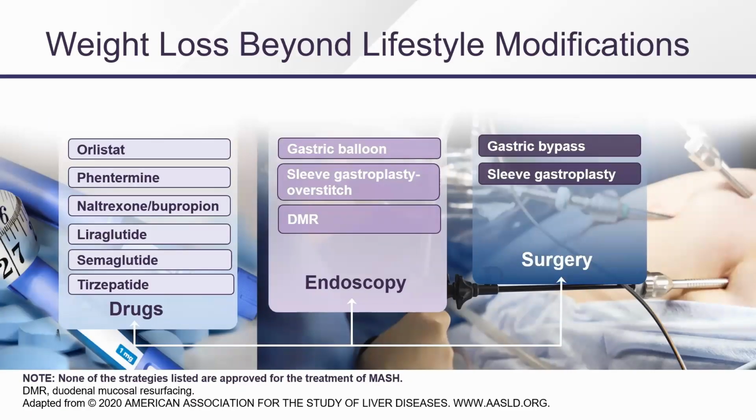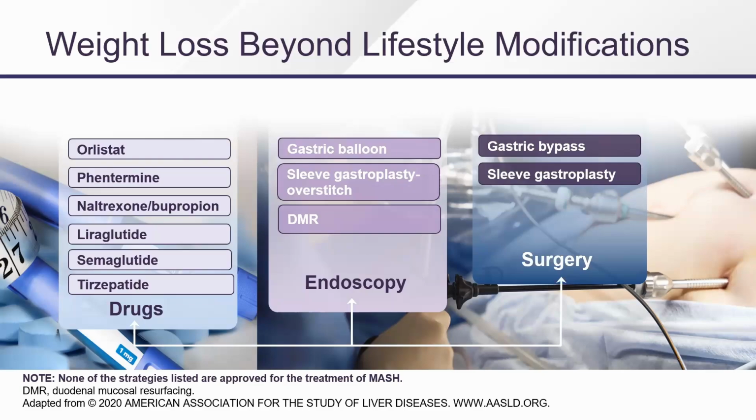What about weight loss beyond lifestyle modifications? There are a number of medications in the column up here, including orlistat and GLP-1 receptor agonists or co-agonists. This is probably the least invasive way of losing weight. The most invasive is surgical: gastric bypass, sleeve gastrectomy.